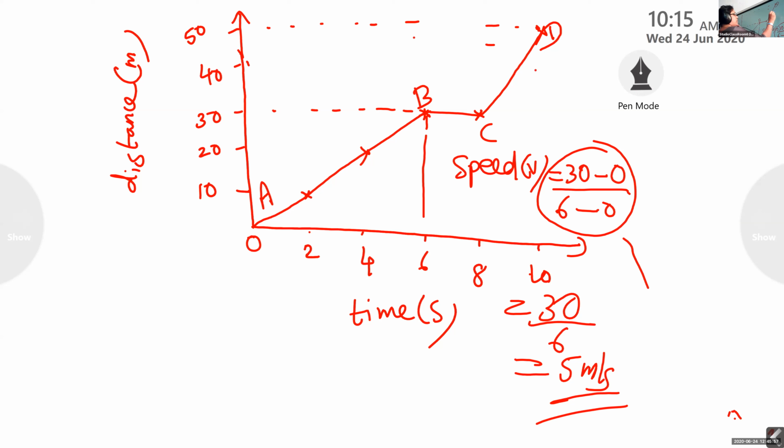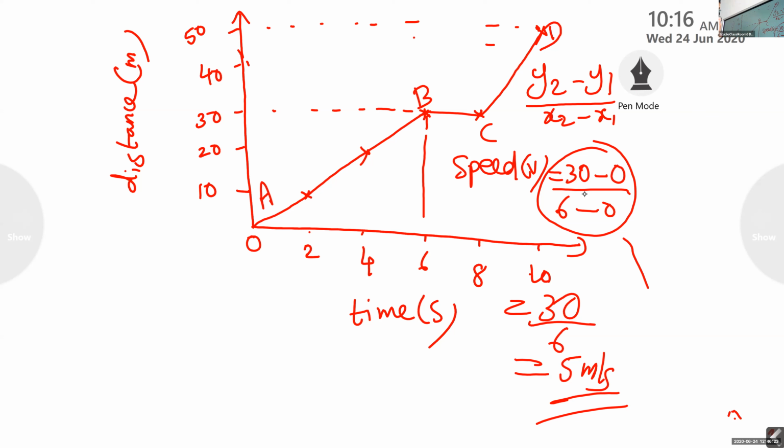There's a formula to find the slope: Y2 minus Y1 divided by X2 minus X1. Here Y2 means our final displacement, Y1 means initial displacement, X2 means final time, and X1 means initial time. The car is starting from 0, so that's why we used 0.